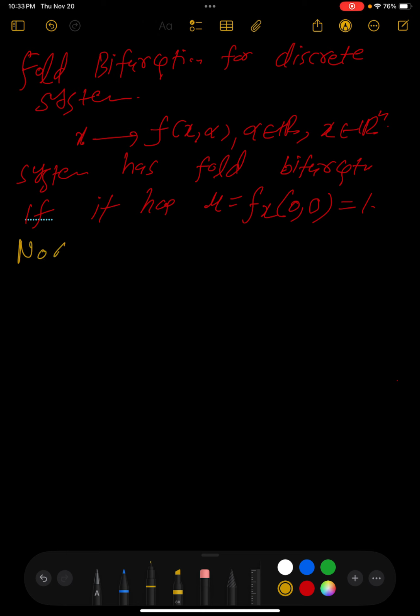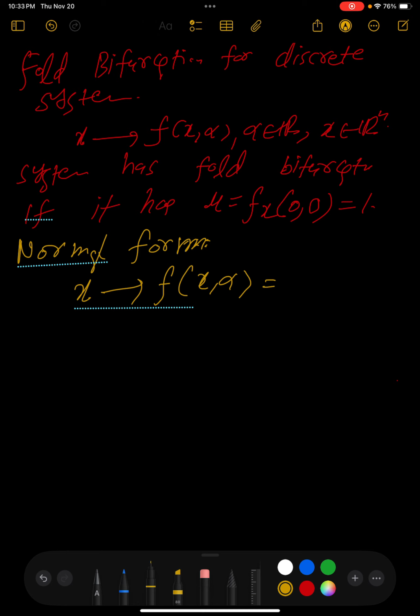So the normal form is that we have a map f of x, alpha, which is nothing but alpha plus x square.